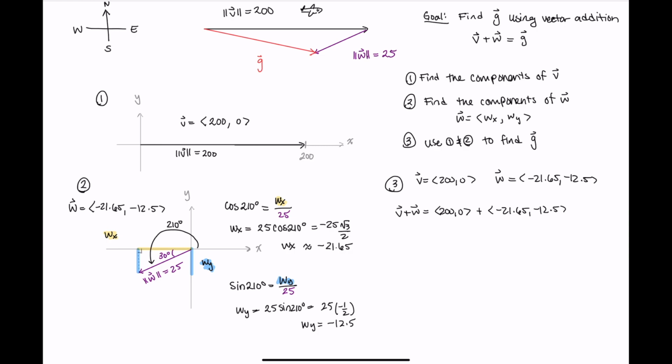And of course, we know that this is equal to g. So vector g is equal to 200 minus 21.65, comma negative 12.5. And this works out to be 178.35, comma negative 12.5. So there we are. We have vector g.